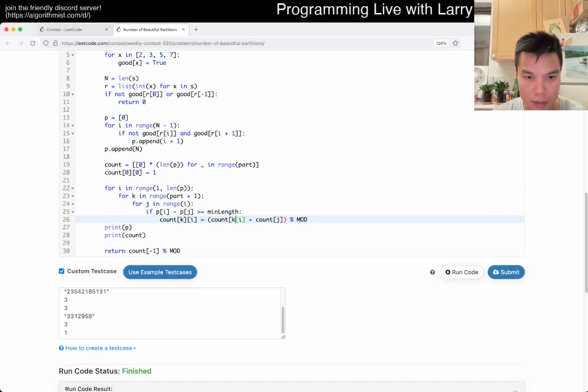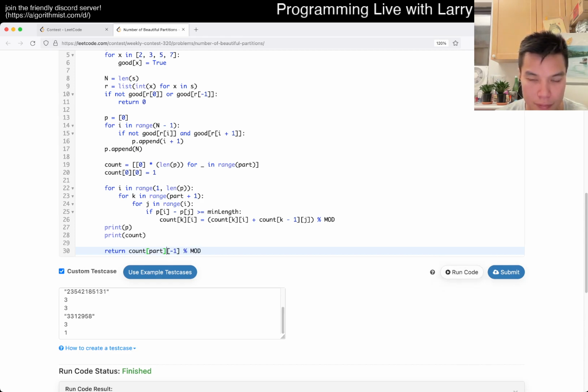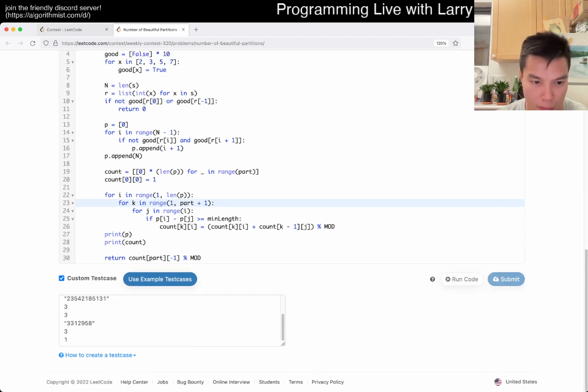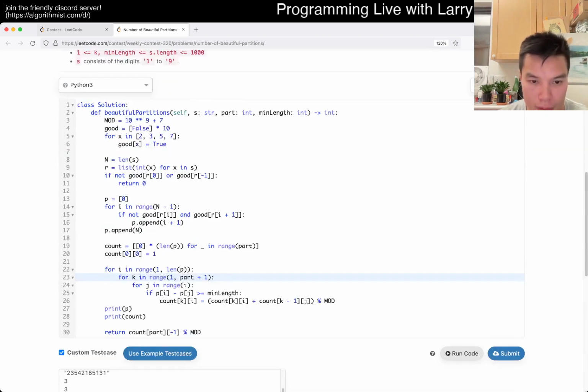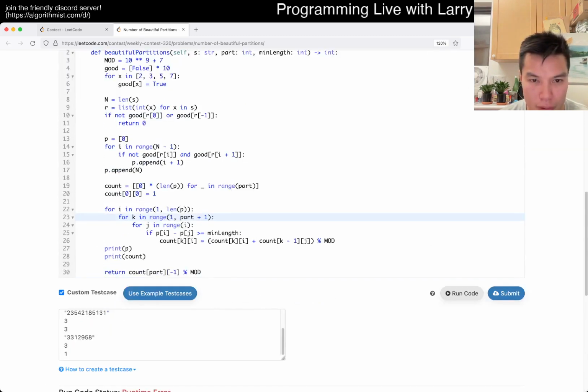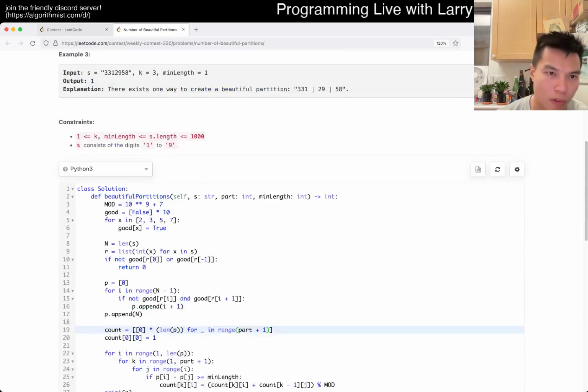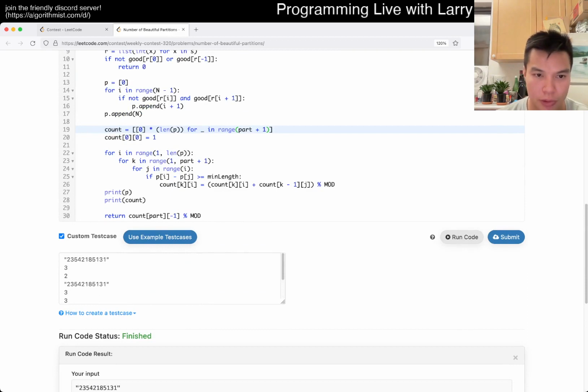Okay, let's just check that this is right first. That's what I want to do. Yeah, okay, this should be 1. Let's index our range. Okay, so this is right, but this is going to be too slow for sure.